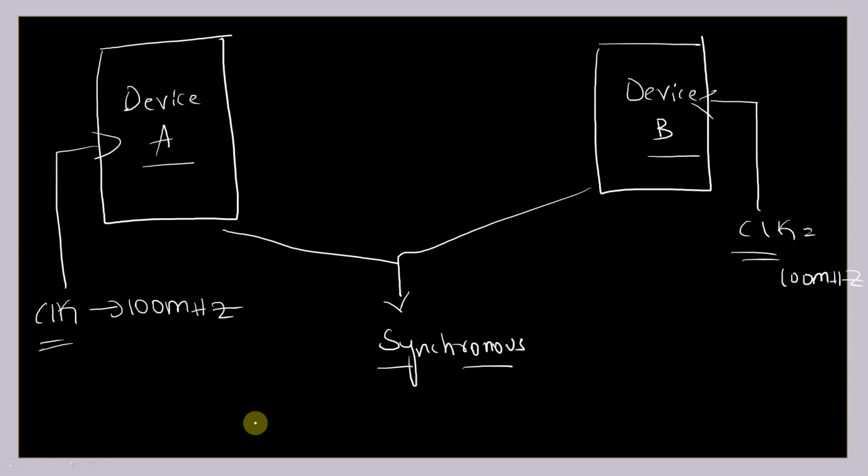Now, what is going to happen if these two are synchronous in nature? If device A is sending some data, then device B can sample that data without any data loss because both have the same clock frequency, provided that device A is, let's say, writing with a speed of 50 megahertz and device B is also reading the data with a speed of 50 megahertz.